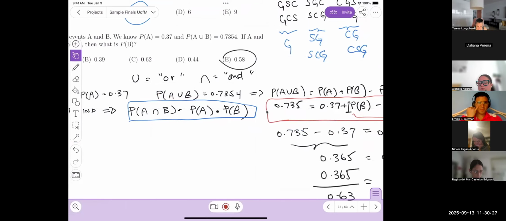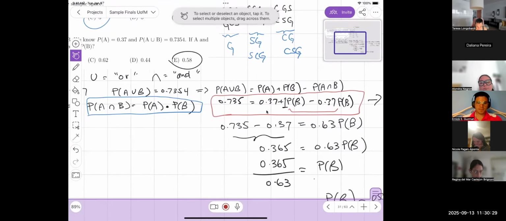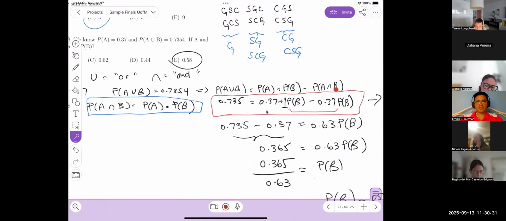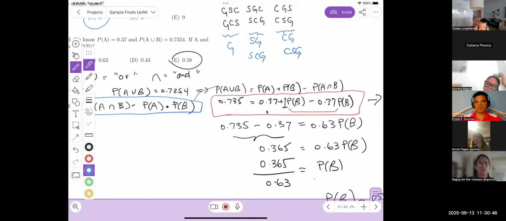So we need to use Rule 6 for A and B not necessarily disjoint, and then plugging everything in. The main thing was we substitute this result about independence into here. And then we see that we only have one variable unknown, and that's the one we want.